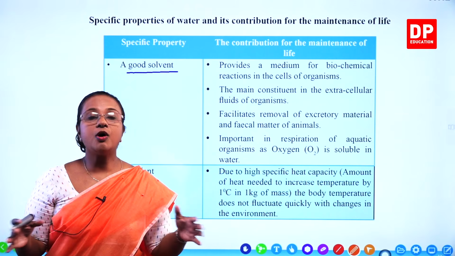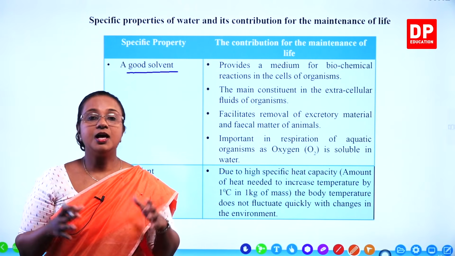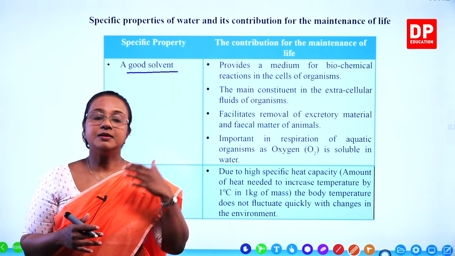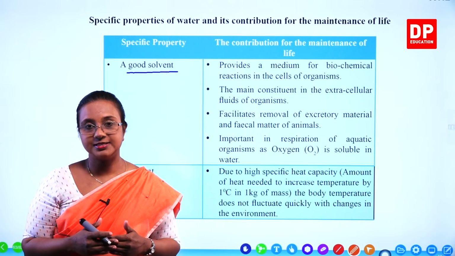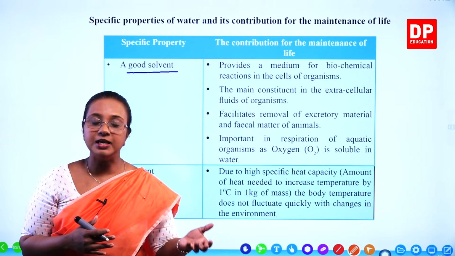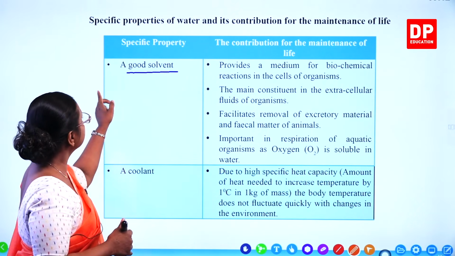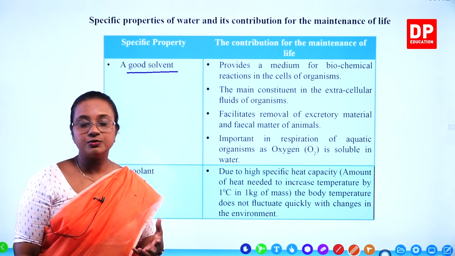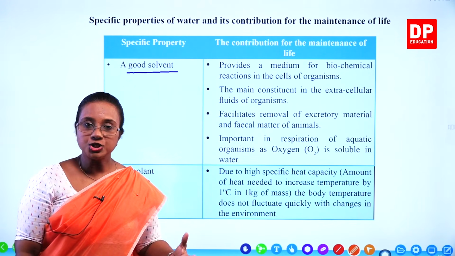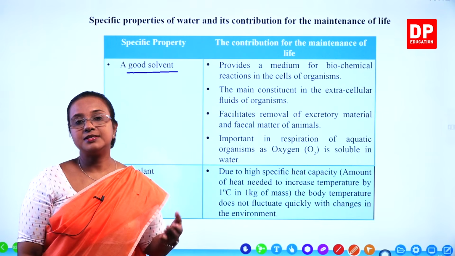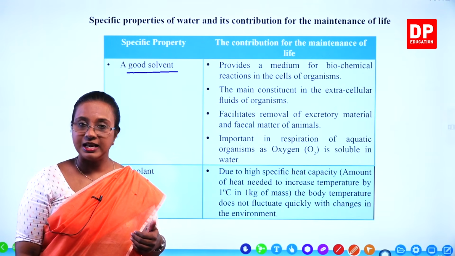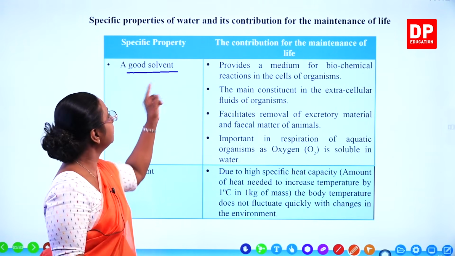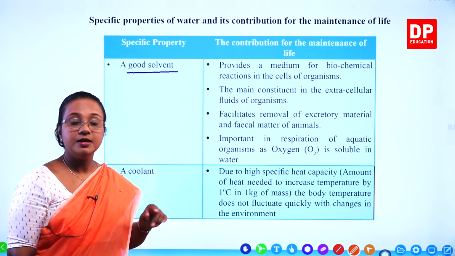And out of all the solvents available, water is the best solvent, we can say, in terms of living organisms. So, it is considered a good solvent, very useful. Even for washing, many different purposes that are done in day-to-day life involve the solvent property of water.